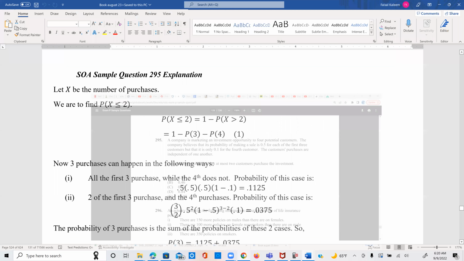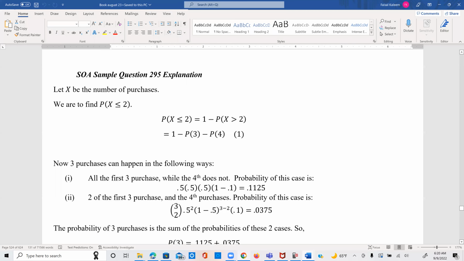So let X be the number of customers who purchase the investment, or X be the number of purchases. We have to find the probability that at most two purchase, so probability X less than or equal to 2. We can look at it as the complement of X greater than 2.